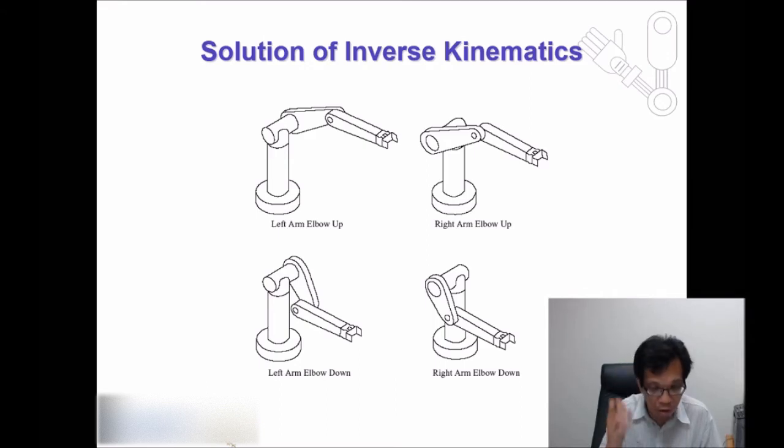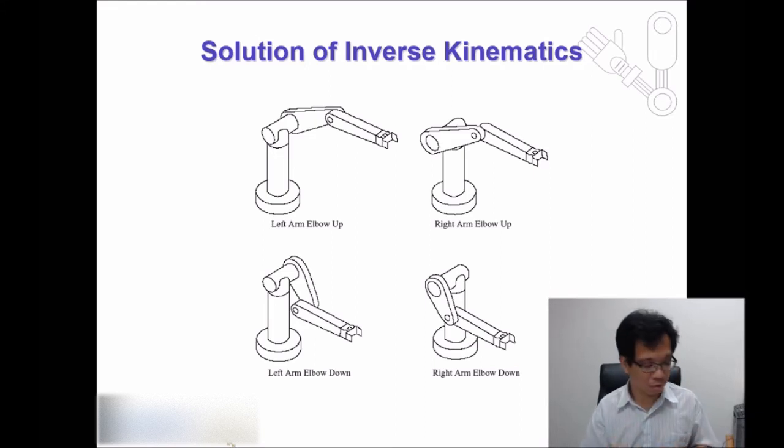With those positions, we can always have the end effector point to the same location. So for this kind of problem, if this is a design problem, you should have more than one answer.